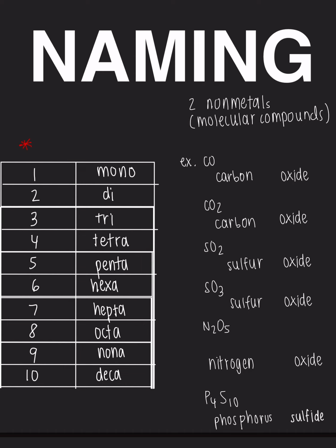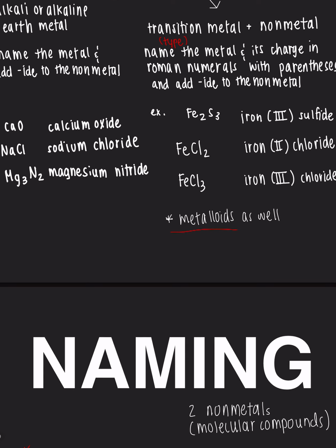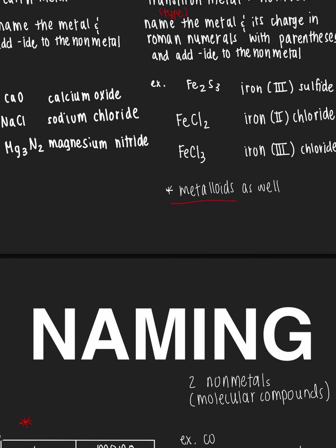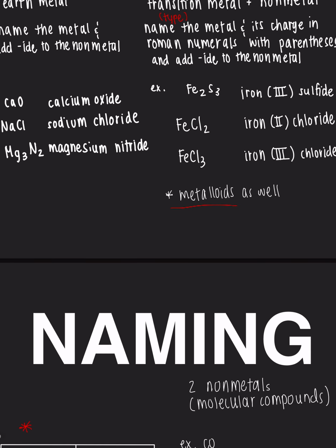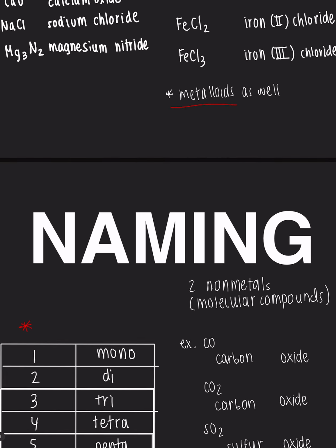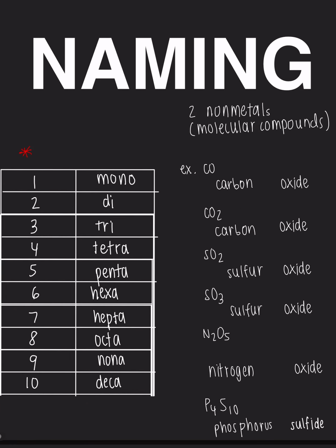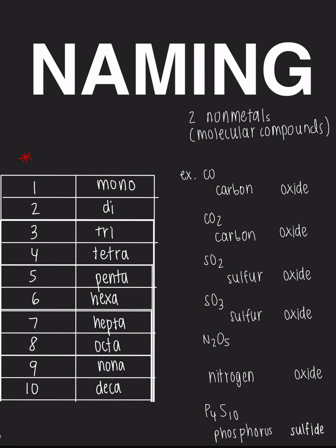You're going to cut it and you're going to put ide. So you're not going to say chlorinide. You're going to say chloride, okay? You're not going to say nitrogenide or something, it's nitride. So I hope it makes sense why we cut the names, because it would just sound really awkward and weird in English. And with that being said, let's get into the actual naming.